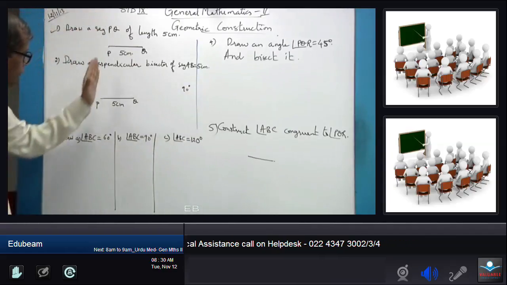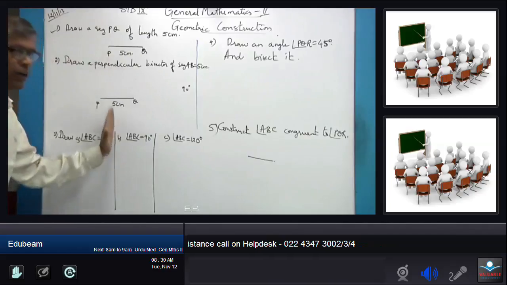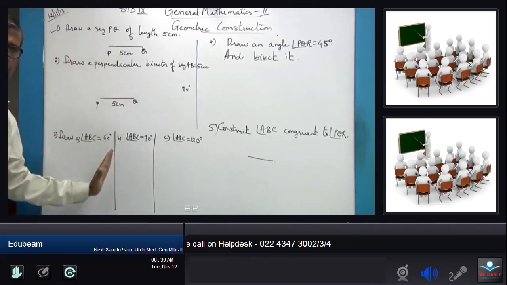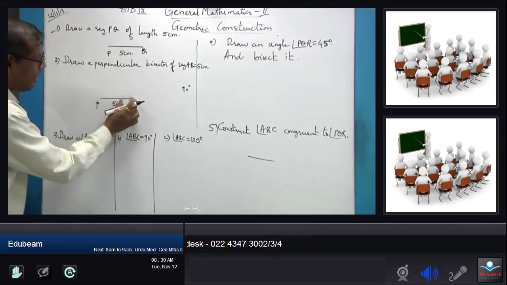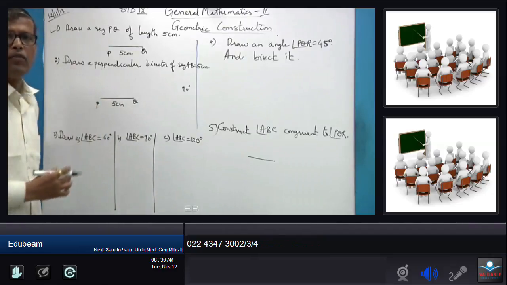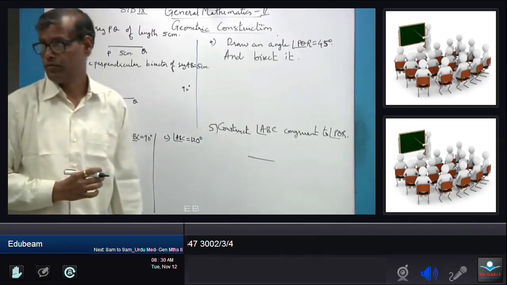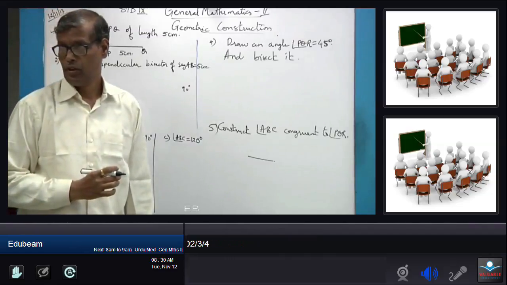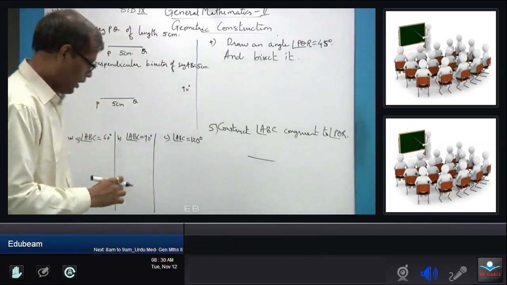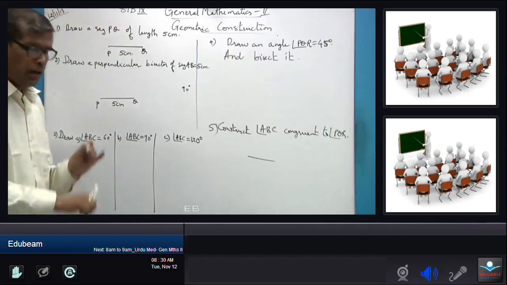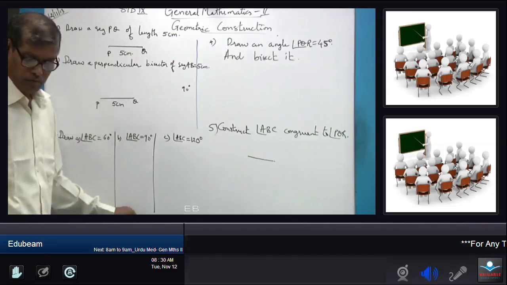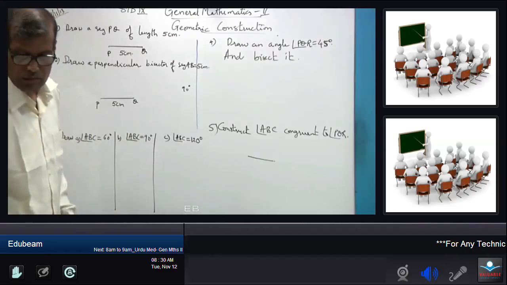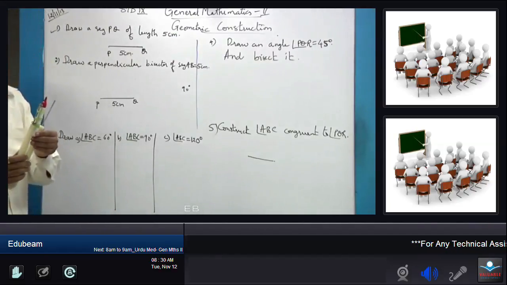So what you are going to do? You are going to take a measure of 5 centimeters, because he is giving you the measure. With this compass on the top and bottom with the same point, with the other end you are going to cut and join this.